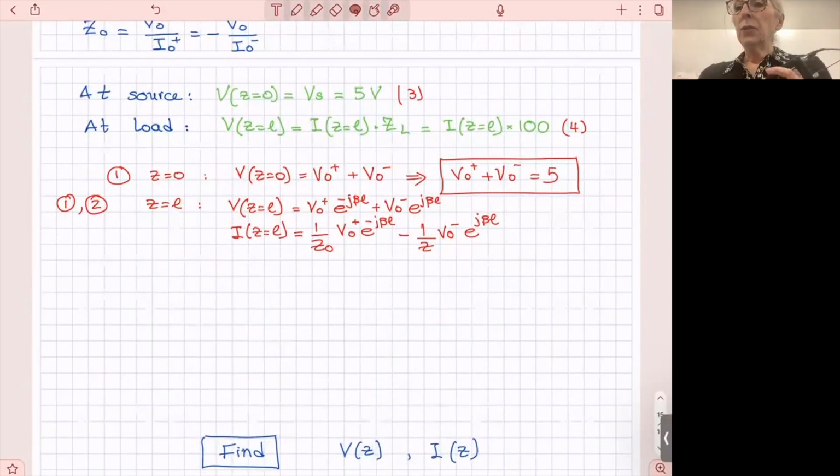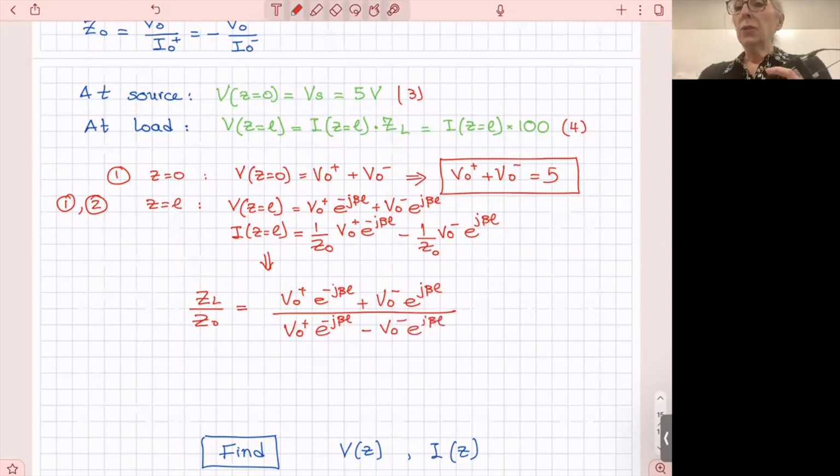So if I take the ratio of these two, I find from here that Z sub L over Z naught equals, I moved Z naught there, V naught plus e to the minus j beta L plus V naught minus e to the j beta L divided by V naught plus e to the minus j beta L minus V naught minus e to the j beta L. So now I have two equations with two unknowns.